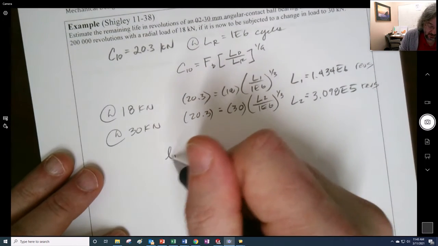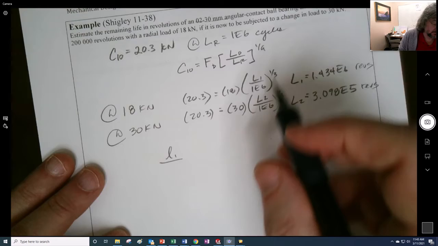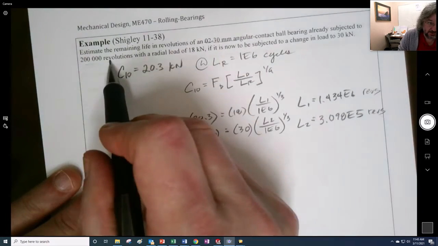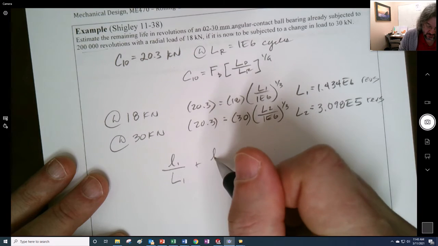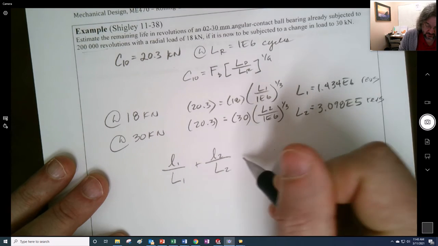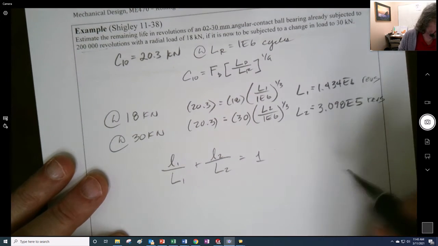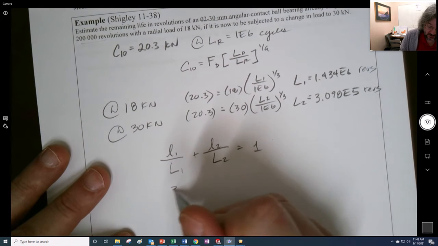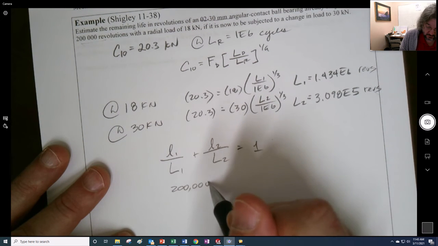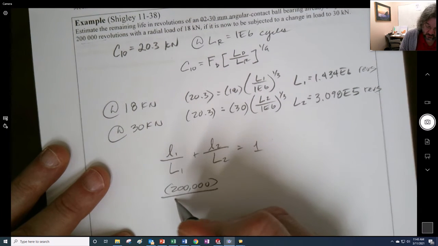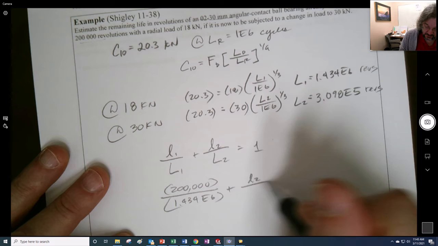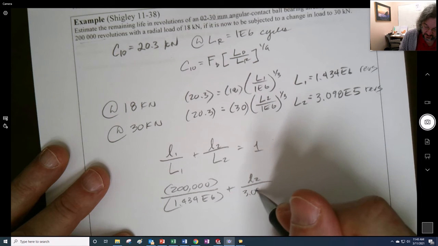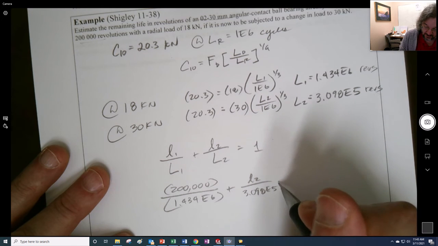So we take our little L1, which is 200,000, over big L1, plus little L2 over big L2. We're going to say that's equal to 1. So we say 200,000 over 1.434 E6, plus L2 over 3.098 E5.